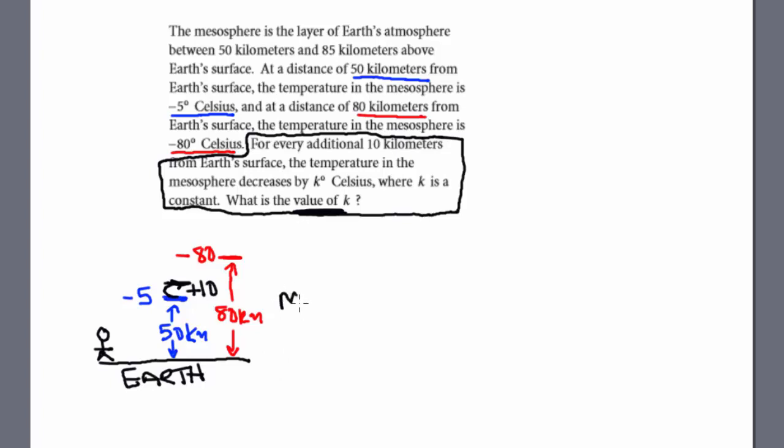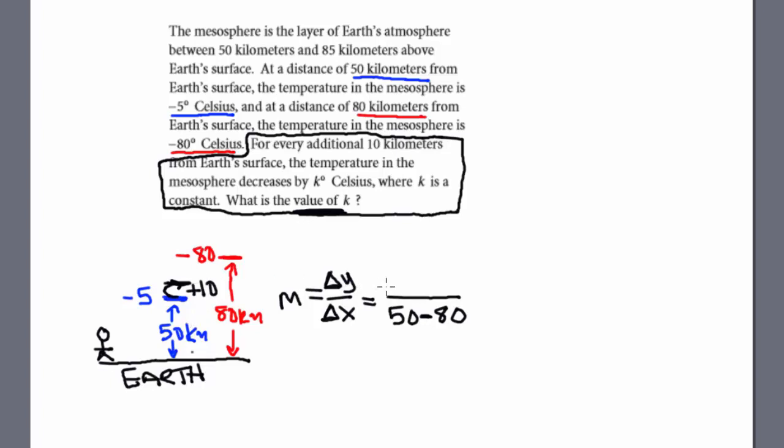We know the slope is change in y over change in x. And we can model this situation using these numbers. As we move from 50 to 80, on the bottom, I can do 50 minus 80, as the kilometers increase above the Earth's surface. How does the temperature change?